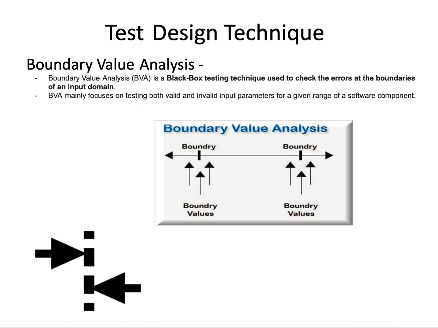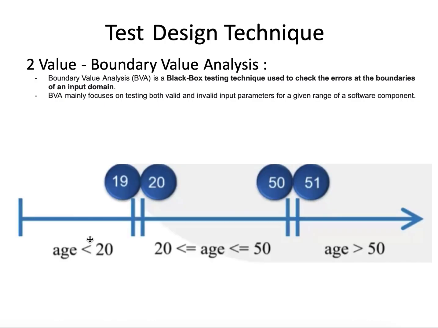Let's see an example. Suppose I have the same value, and the range will be 20 to 50. So we'll perform three different equivalent partitions using equivalent partition.